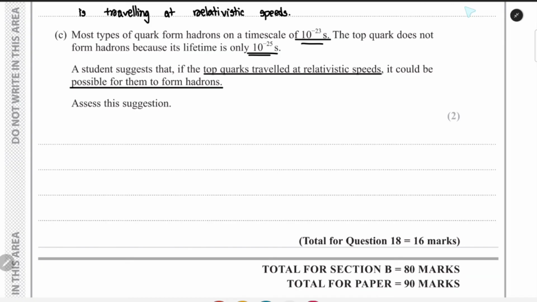If the top quarks moved at high enough speeds, the lifetime would appear to increase to outside observers. However, if that's the case, it would also take a long time to form the hadrons with respect to external observers.